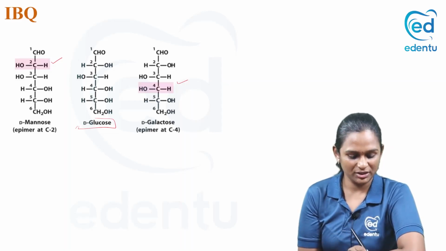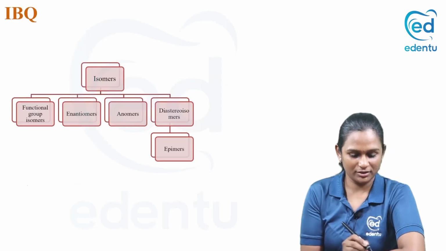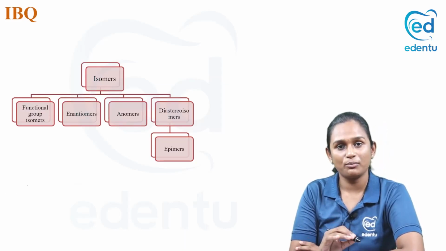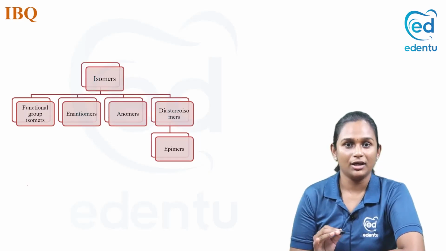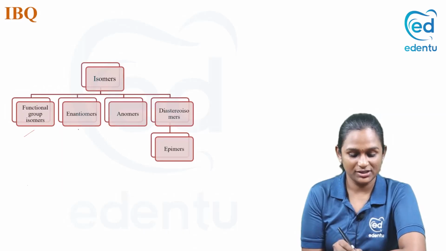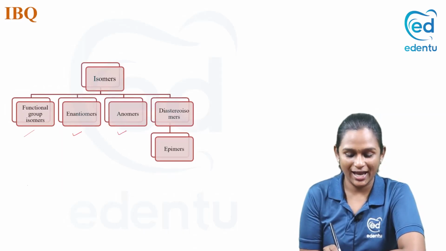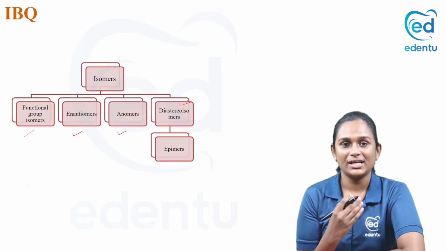So, what do you mean by epimer? Isomers are nothing but compounds with the same chemical formula but different structural formula. How are they classified? Functional group isomers, enantiomers, anomers, and diastereoisomers. Functional group isomers are very simple.